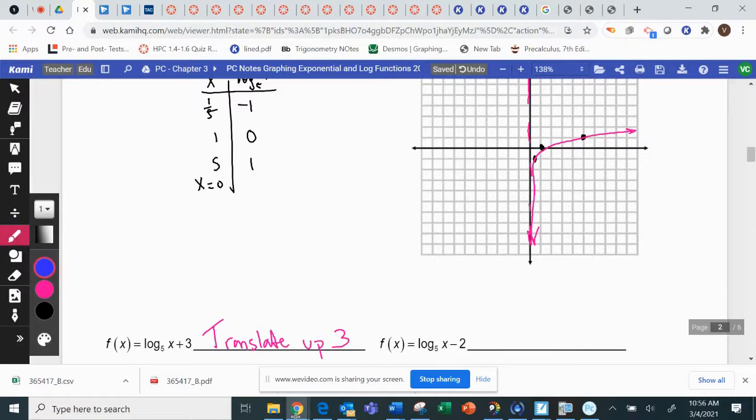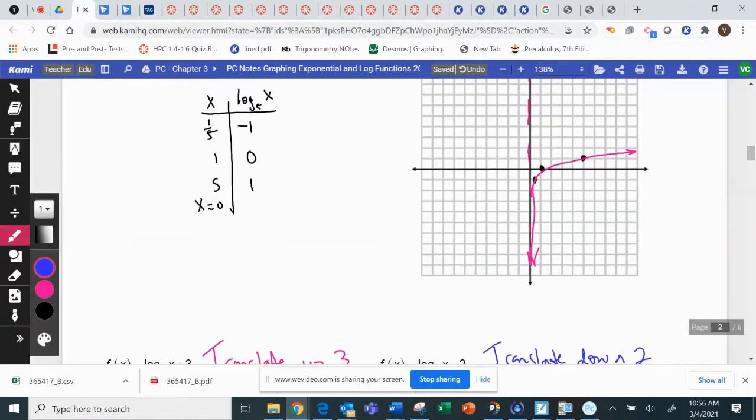So that means log base 5 of x minus 2 translates down 2. I'll graph the second one because I wrote that one in blue. I'm going to still go to the y side and minus 2.